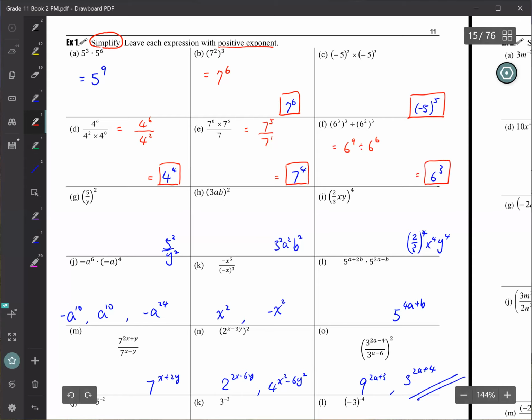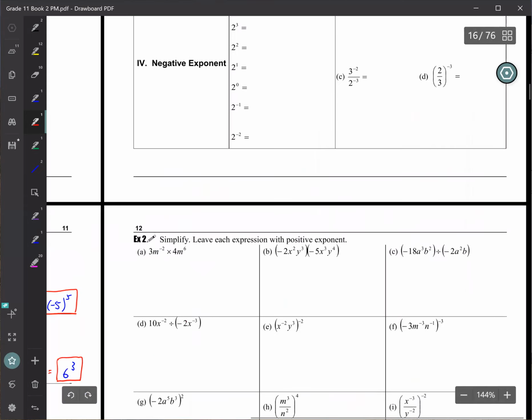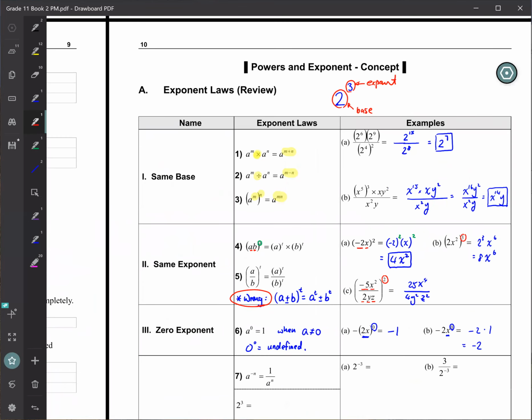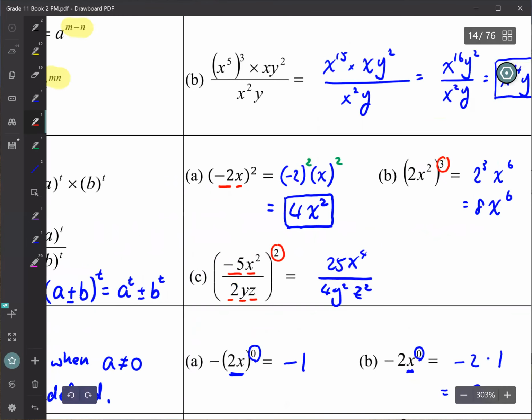Now starting from G, GHI, no one added in answers. So that means all of you have not finished yet. It's not wrong, it's unfinished. Remember I said at the beginning, when you have a mix of coefficient and variable, over here, this question, you have a mixed variable and coefficient.